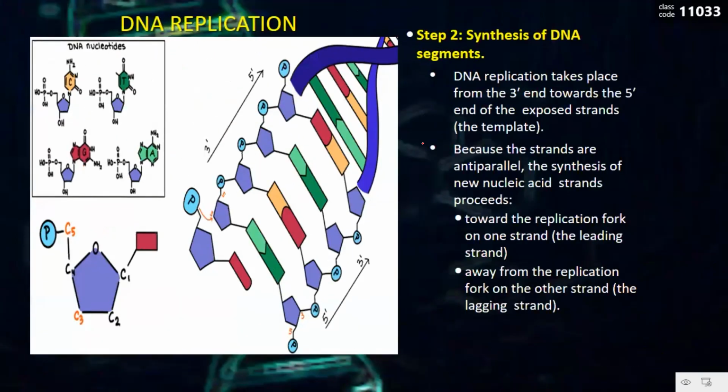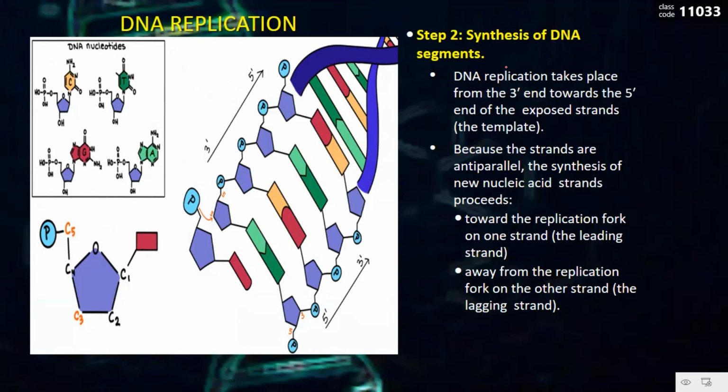So that is actually step 2 of the synthesis of DNA segments. After the unwinding, para matawag mo na DNA, dapat double strand siya. So our parent DNA needs to combine with an RNA primer para ma-create as a DNA, as an exact copy.